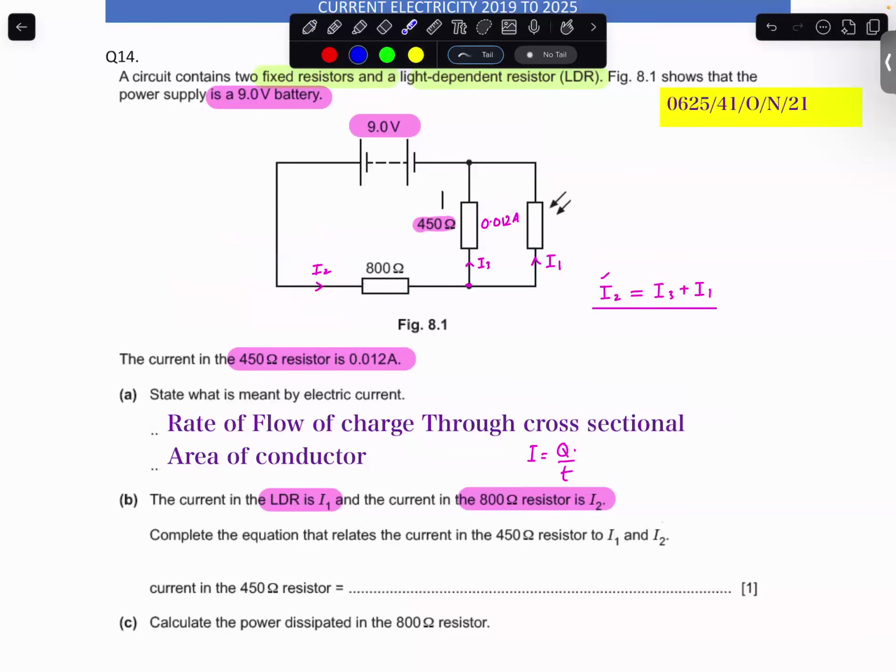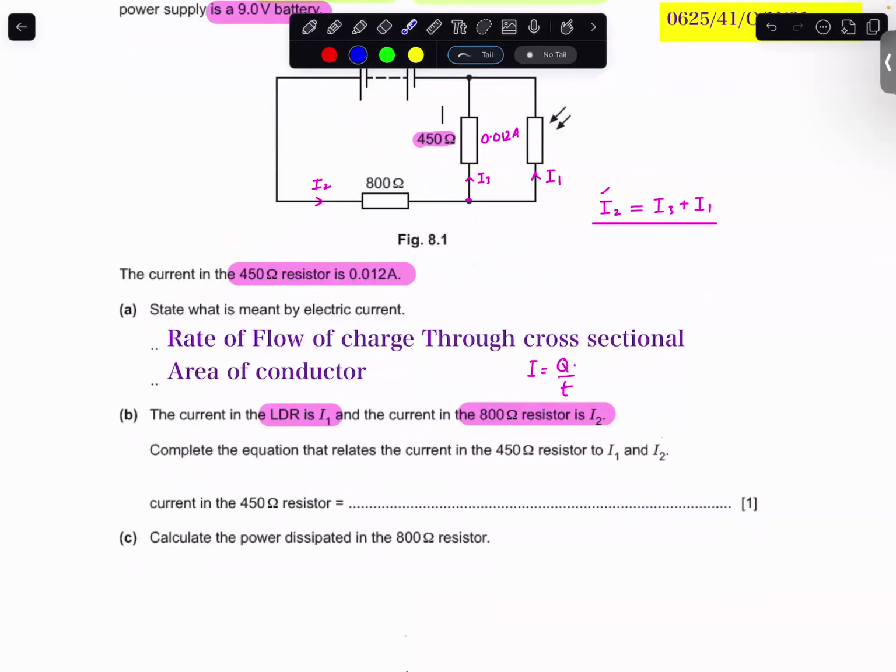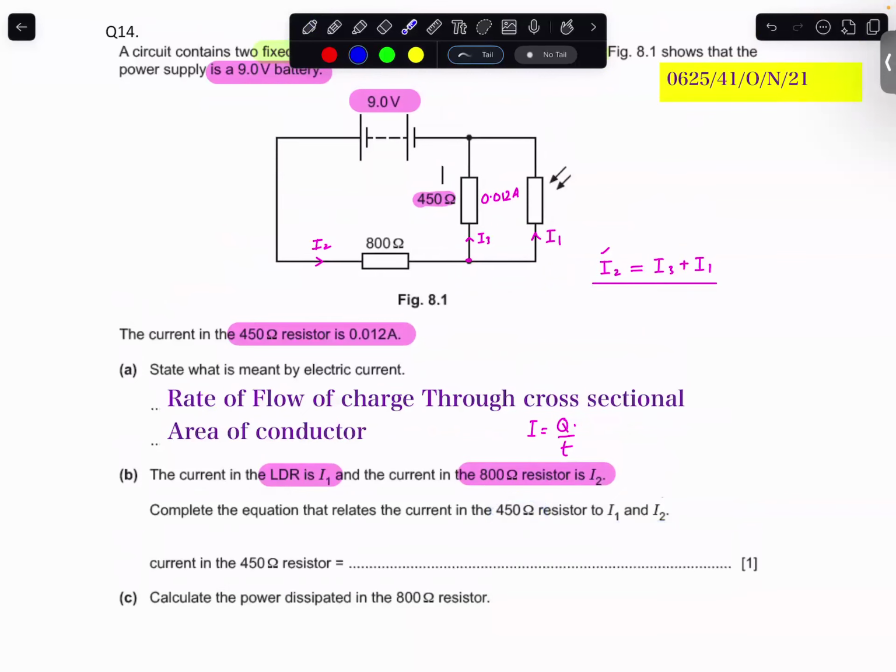0.012 ampere. Now the question is to complete the equation that relates the current in the 450 ohm resistor to I1 and I2. This means what is the relation of this current 0.012 ampere with this and with this. This is very easy. From this equation we can get this relation, as in the 450 ohm resistor the current is I3.